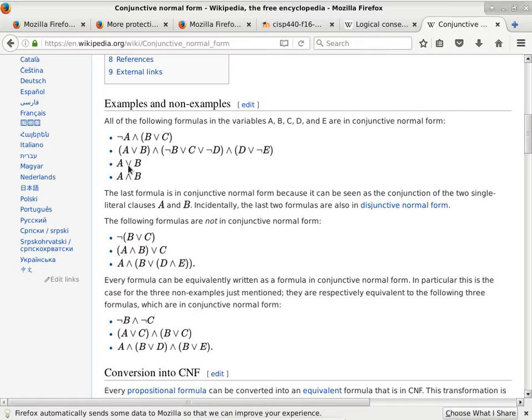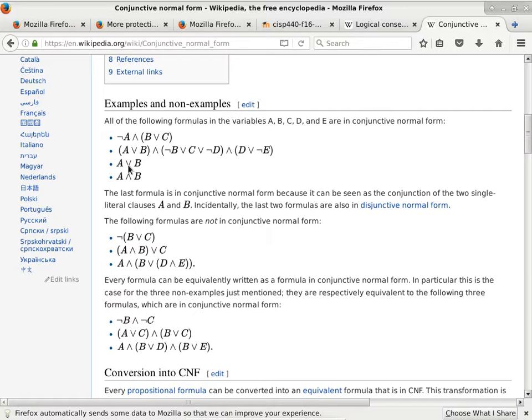Are we okay with that? Now we can say the negation of a variable is a CNF. So not p is a CNF, not q is a CNF, not r is a CNF. Is that okay?